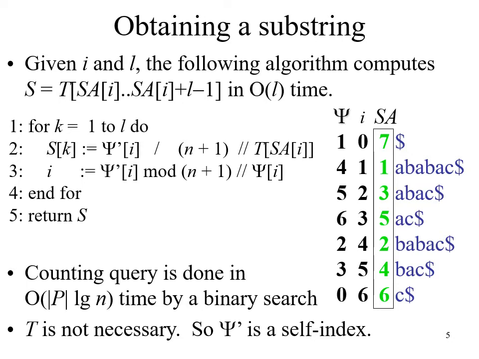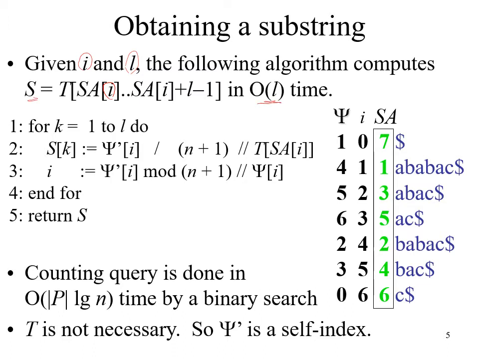So first consider obtaining a substring. Given i and L, where i is the lexicographic order of a suffix and L is the pattern length, this algorithm computes the substring in order L time.